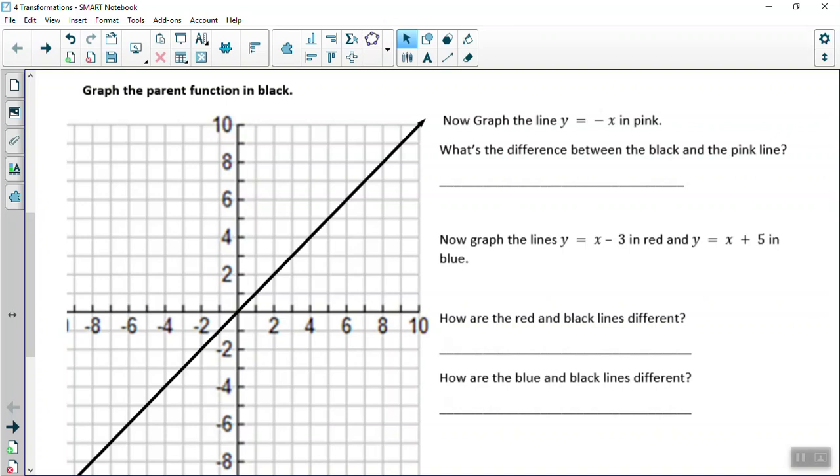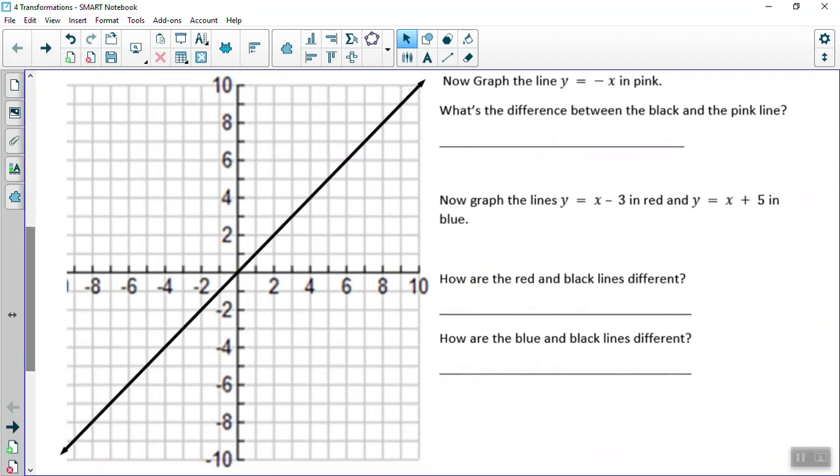I can do the opposite direction to get the other end: down 1, left 1, until I get my line drawn all the way through. Remember, when we draw lines, we have to draw all the way through the graph and put arrows on both ends. Alright, so this is my parent function.